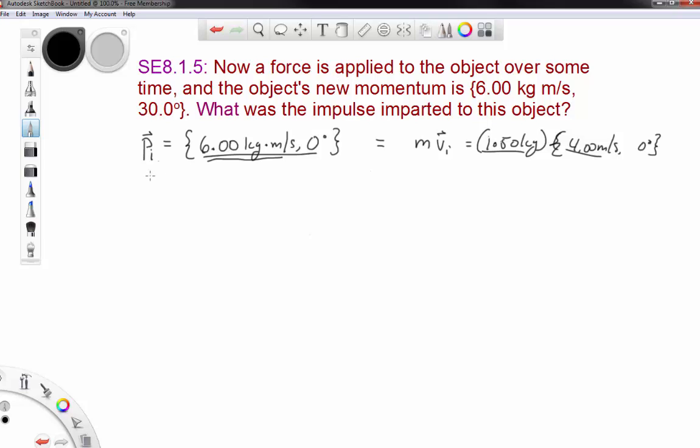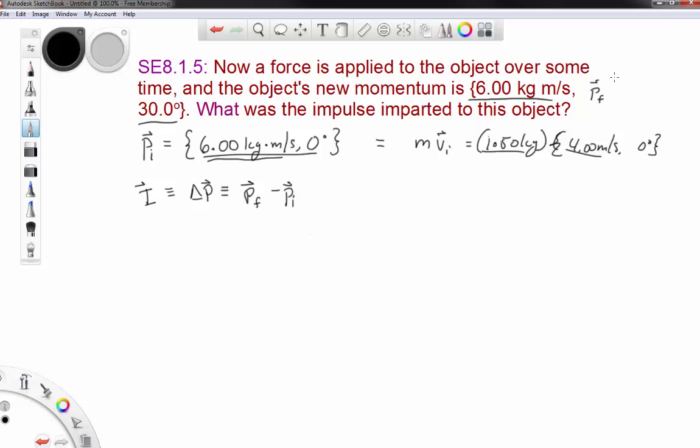Okay, so now we're trying to figure out what the impulse is. So impulse is defined as change in momentum. So that is the final momentum minus the initial momentum. This right here is our final momentum. So this is P final.